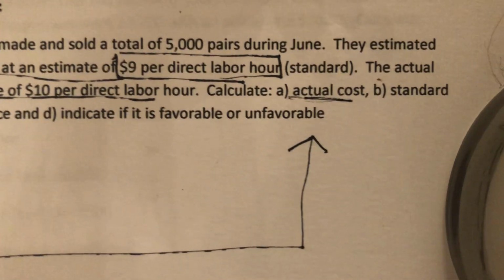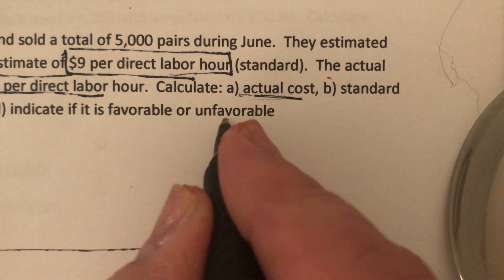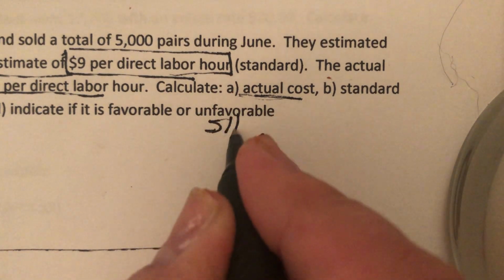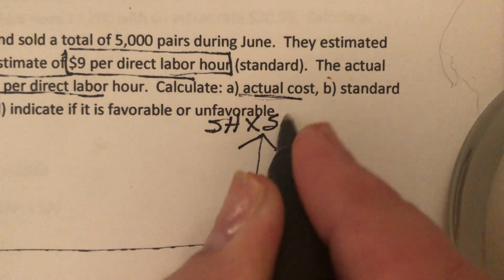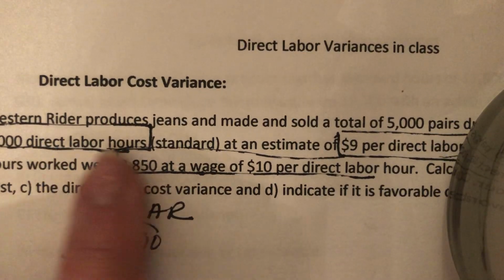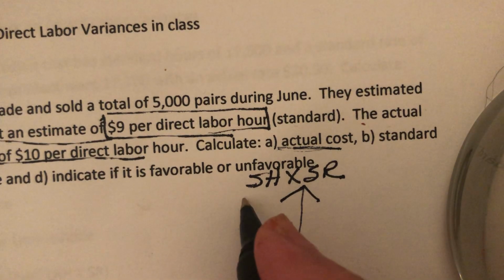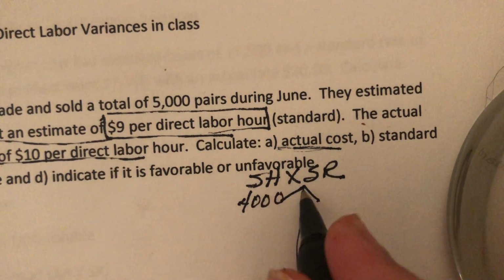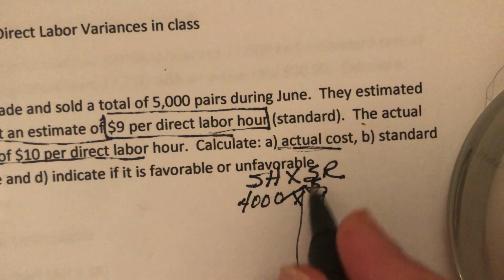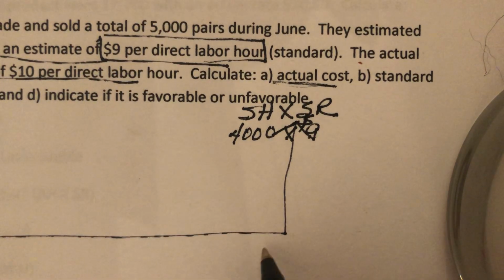Now over on the other side, we want to put our estimated or standard, and we're going to refer to that as standard hours times standard rate. That's going to be the 4,000 direct labor hours at $9 per hour. So when you multiply that, you'll end up with $36,000.